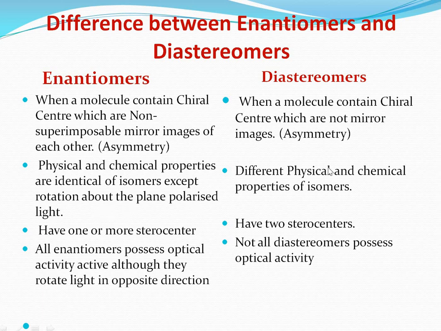Diastereomers have different physical and chemical properties. Enantiomers have one or more stereocenters, but diastereomers have at least 2 stereocenters. All enantiomers possess optical activity, although they rotate light in opposite directions. Not all diastereomers possess optical activity.